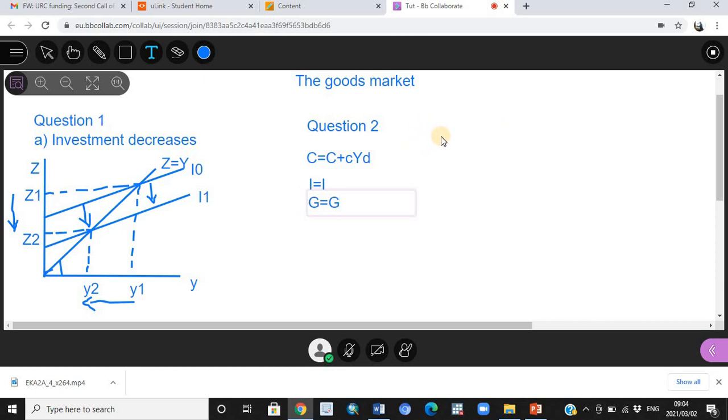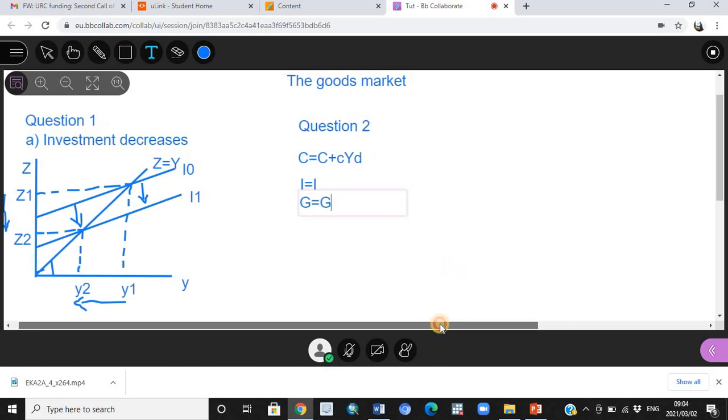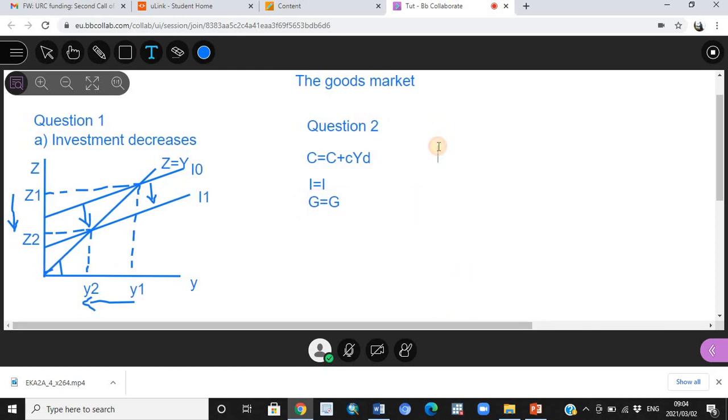The derivation of our equilibrium income starts from here. Let me say here Y is equal to a question mark.